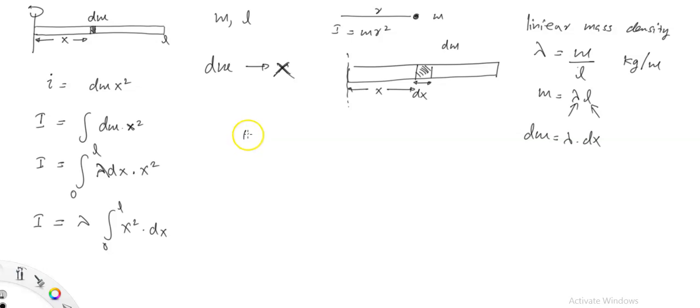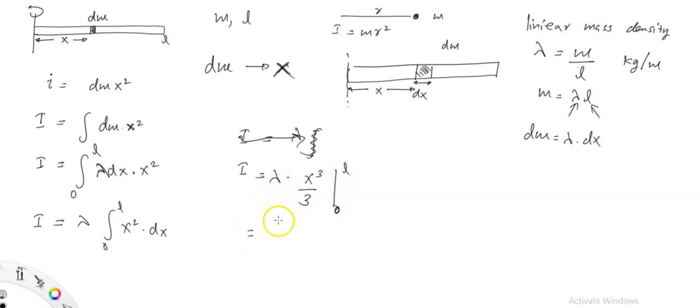The integral of x squared dx is x cubed over 3, I believe, from 0 to L. If this doesn't work, I'll come back and change it. I think this is right.